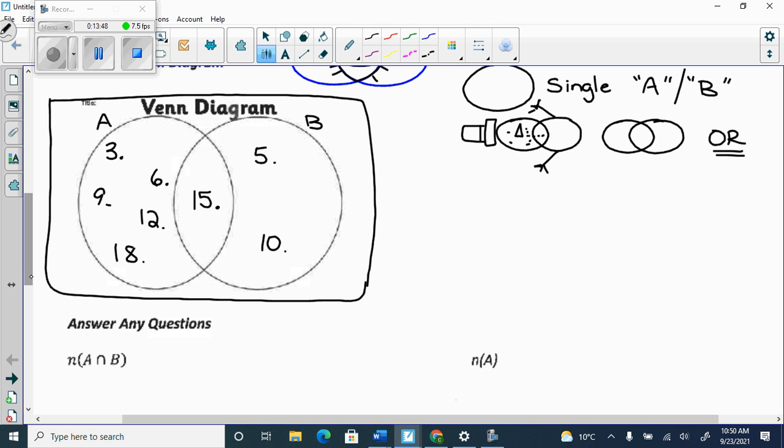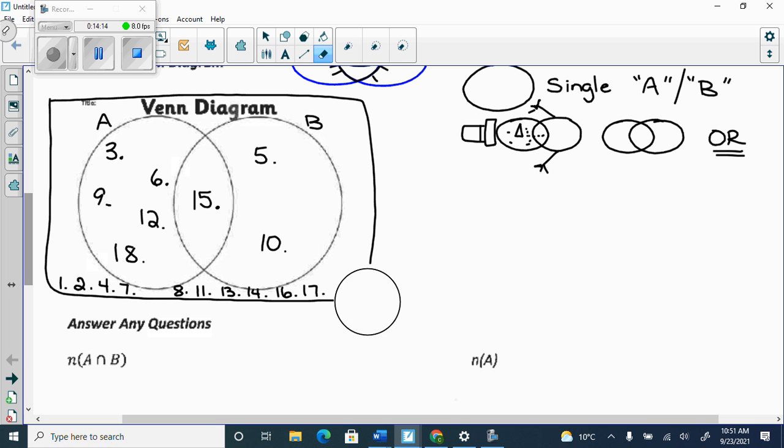Well, I don't have that in here, so I have to still have 1 and 2, 3's in there, 4, 5, 6, 7, and 8, 9's in there, 10's in there, 11, 12, 13, 14, 15's already in there, 16, 17, 18's in there, and 19. So do you see why there has to be a box around the Venn diagram? Could I have put those numbers anywhere around it? Sure.